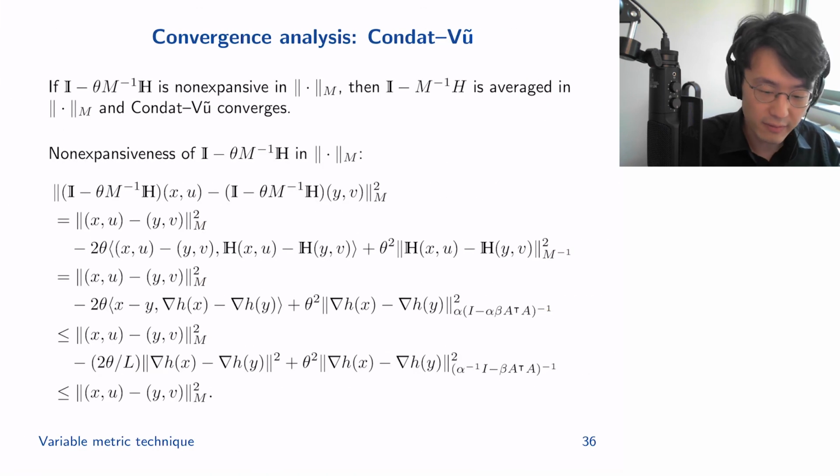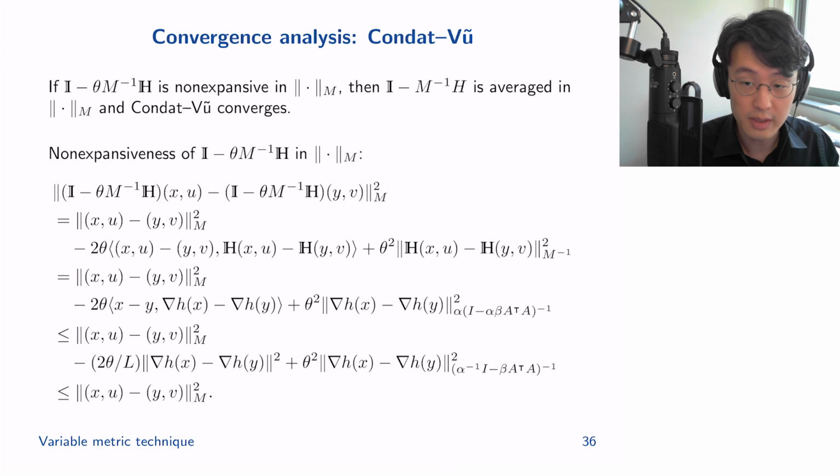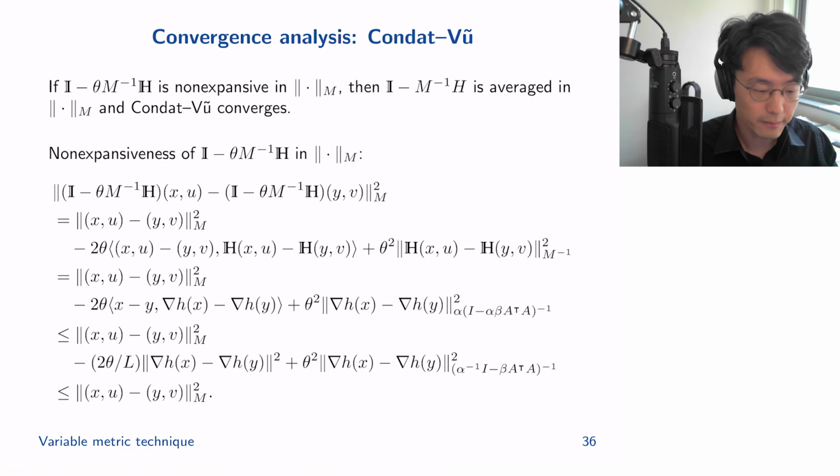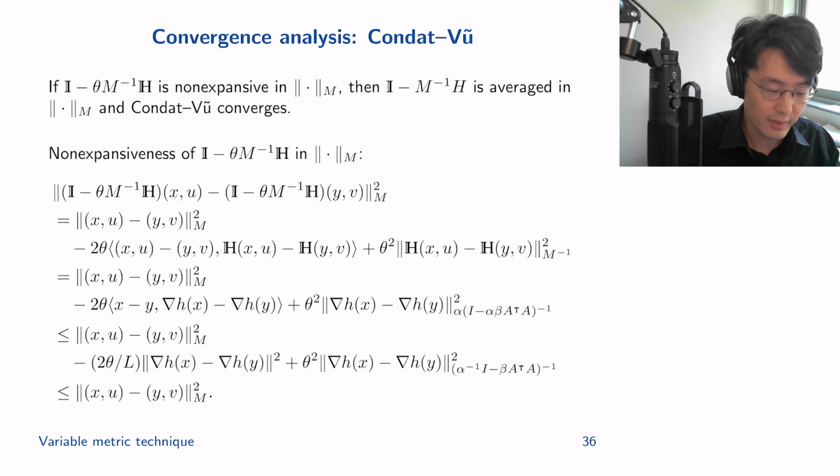Okay, so now that we've performed some simplification, let's use some inequalities. The function h is assumed to be a CCP L-smooth function. So we can use the coercivity inequality to bound this inner product with this grad h norm squared. And then by the previous reasoning, this M inverse norm with this metric is bounded above by the metric 2 over L times identity.